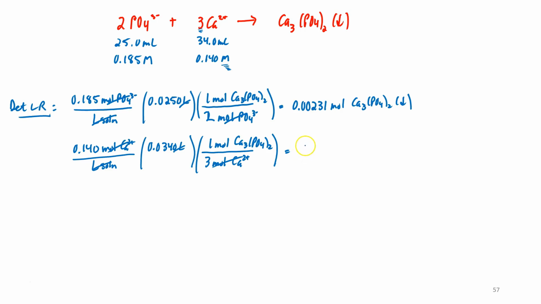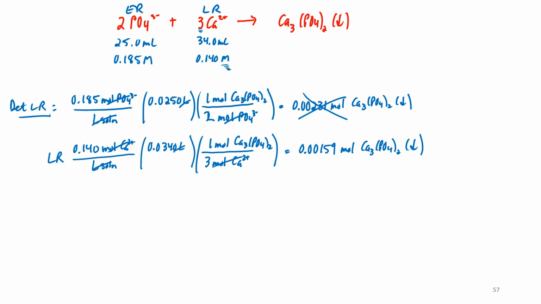Okay, I think we discovered our limiting reactant. I get that 0.00159 moles of precipitate are formed, which is less than the moles of precipitate up here. So calcium is the limiting reactant and phosphate is the excess reactant.